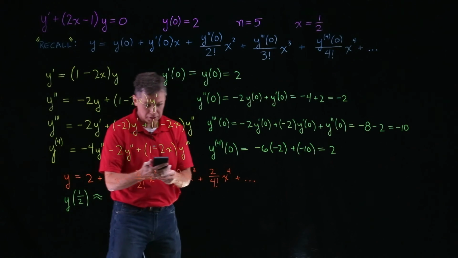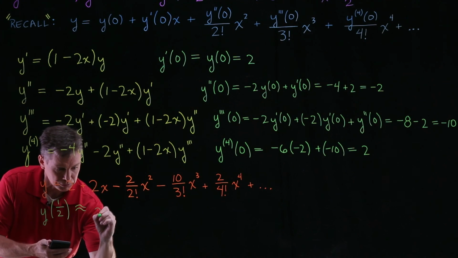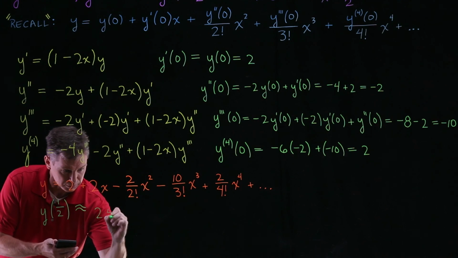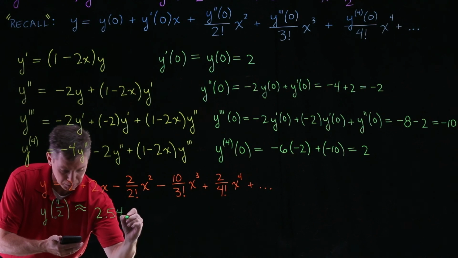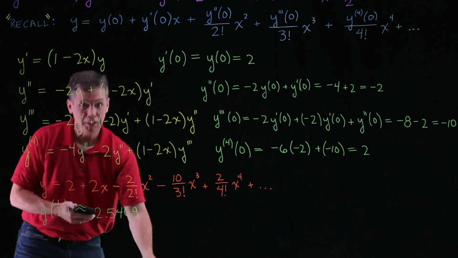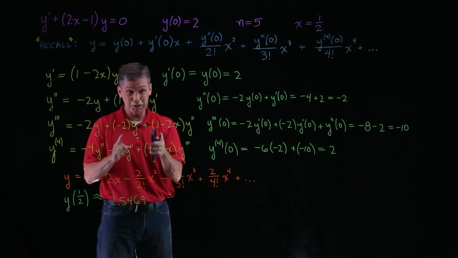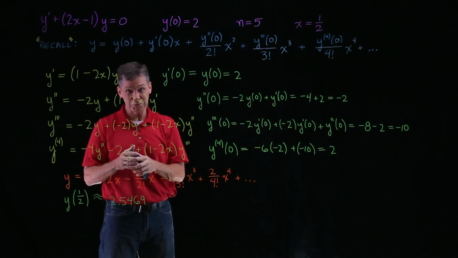Whew, hit enter, and I have an approximate value of 2.5469 with rounding. Okay. All right. So it's a good problem, good work. Make sure you try some on your own too, though. Okay.